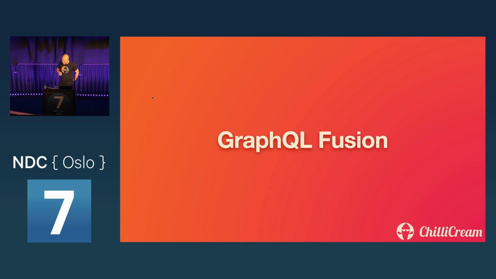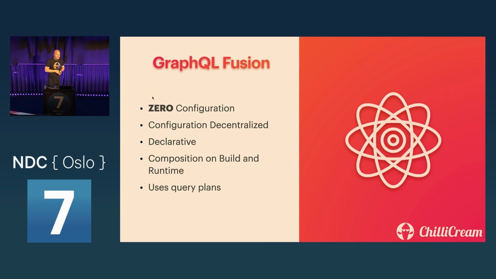And that's where Hot Chocolate introduces a concept called GraphQL Fusion, which gives you all the capabilities of distributed GraphQL. The idea is here to have basically zero configuration. When you put configuration there, it's decentralized, it's declarative, and composition of these graphs is done at build time to give you an early error if something is wrong.